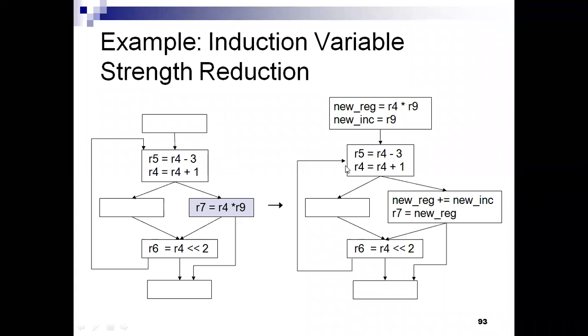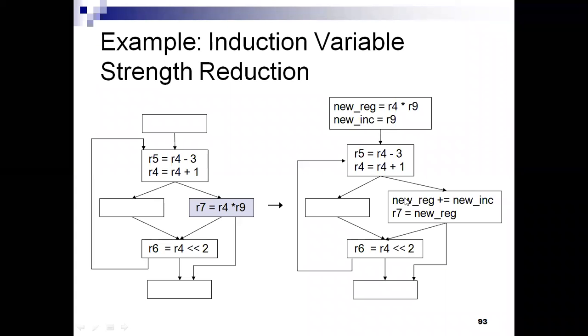And after performing the transformation of induction variable strength reduction, my initial block has a new register, consisting of R4 into R9, and the new increment is R9. And here, R4 into R9 is a new register, right? So R7 is equal to new register. And what is the new register?